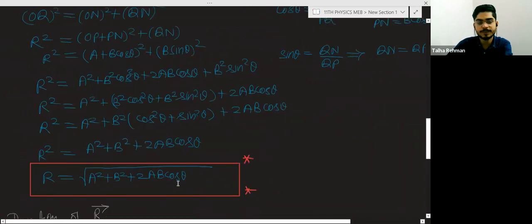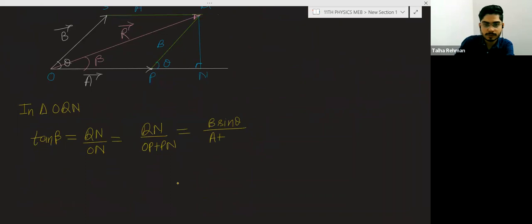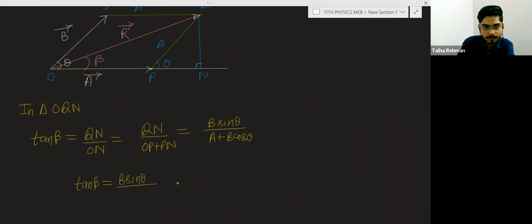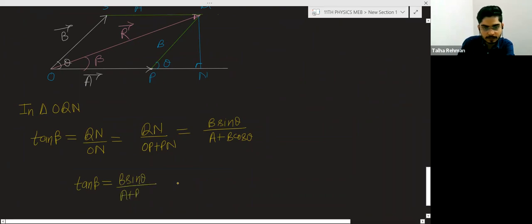So put the value of PN here, B cos theta. So finally, tan beta is equal to B sin theta divided by A plus B cos theta.